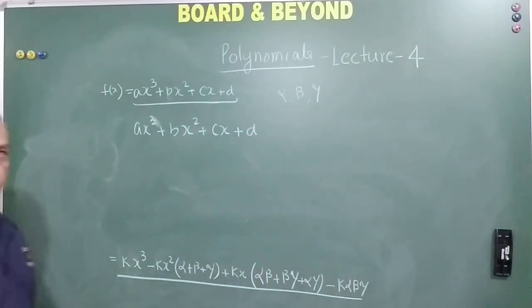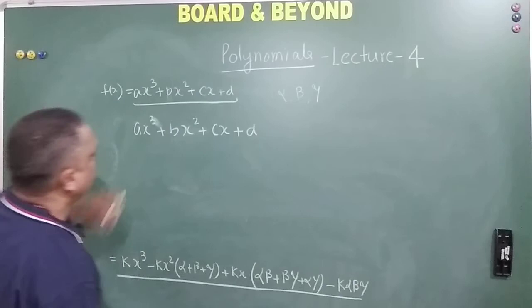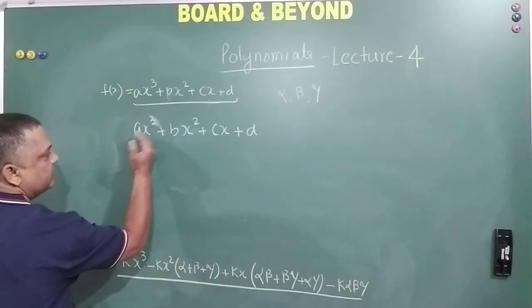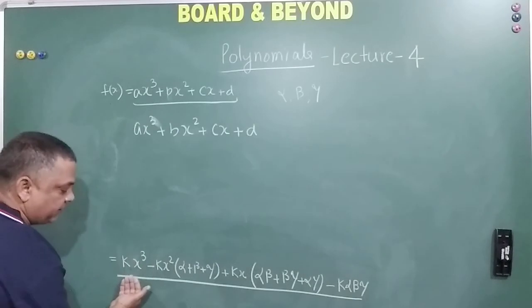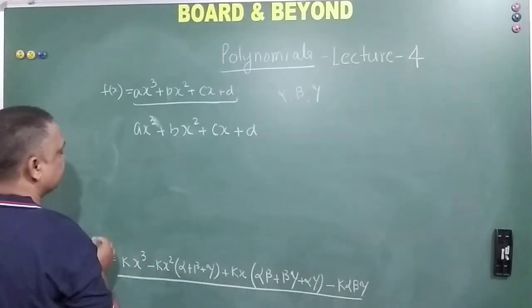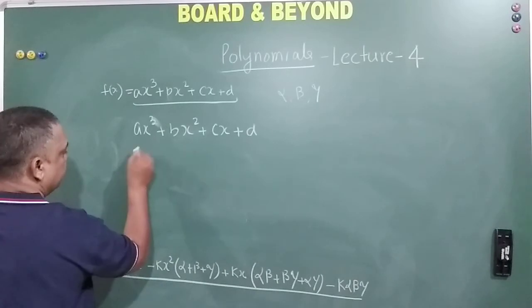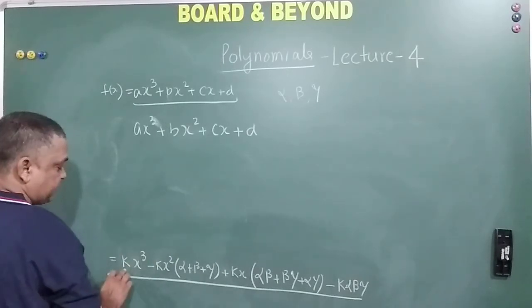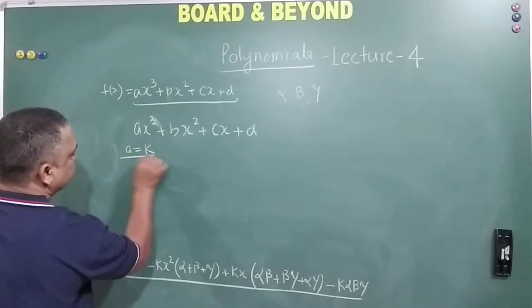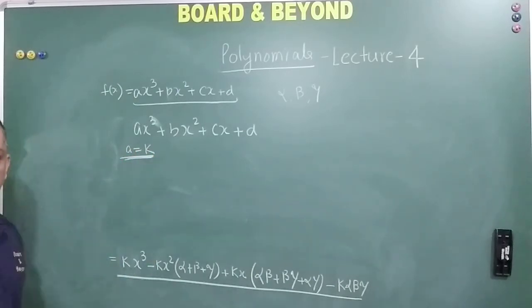Now my friends, pay attention here. See, coefficient of x cube here is a and coefficient of x cube here is k. So what does it signify? It signifies that a is equal to k. Correct?